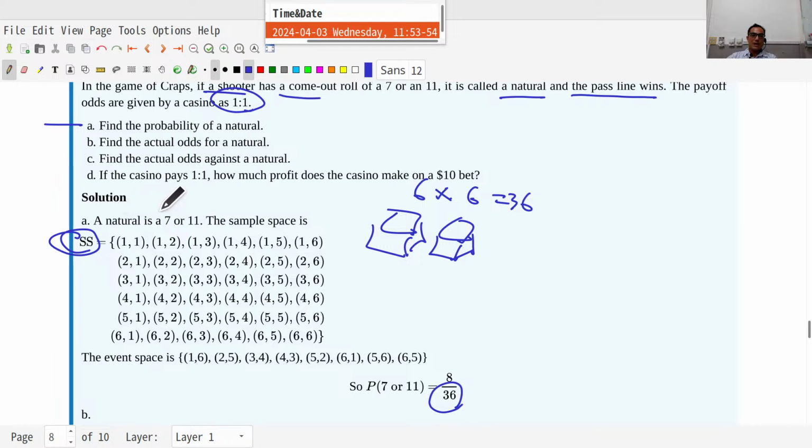And now the natural is 7 or 11. That will be 1 plus 6, 2 plus 5, 3 plus 4, and the same ones reversed. In total, there are 8 combinations to get 7 or 11. So the probability of a natural is 8 divided by 36.